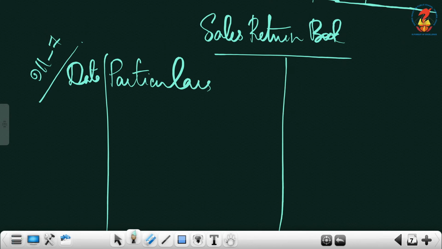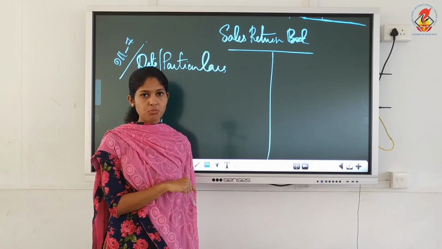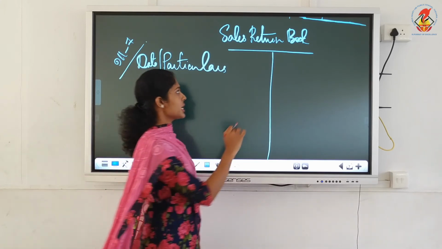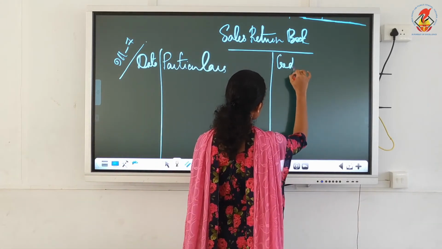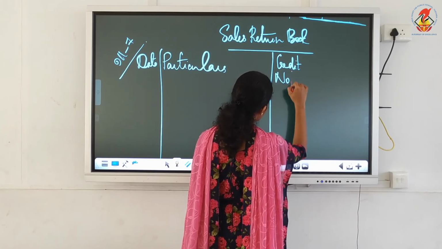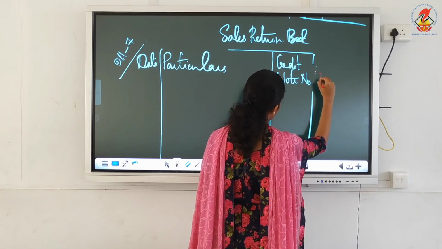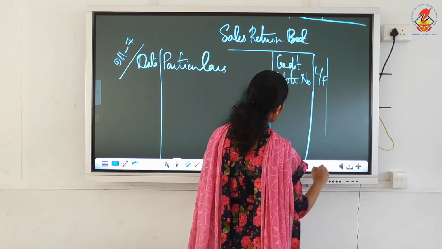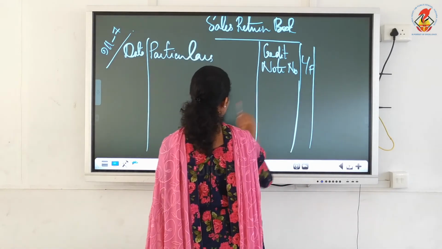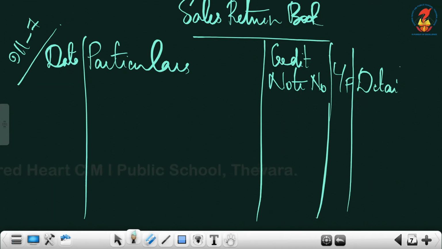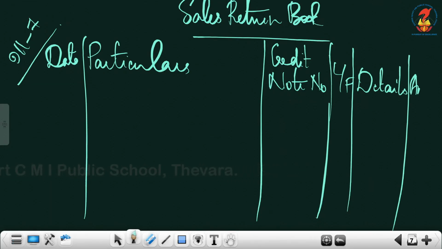Instead of invoice number, in purchases return book we wrote debit note number. In sales return book the source document is credit note number. Then columns are same, that is LF column, details column and then amount column.